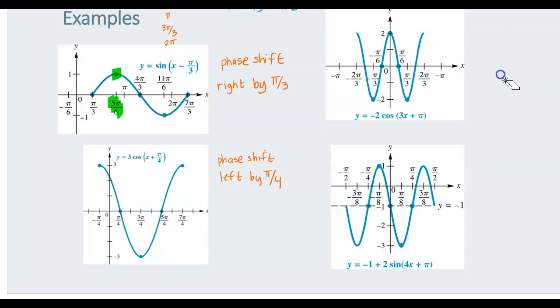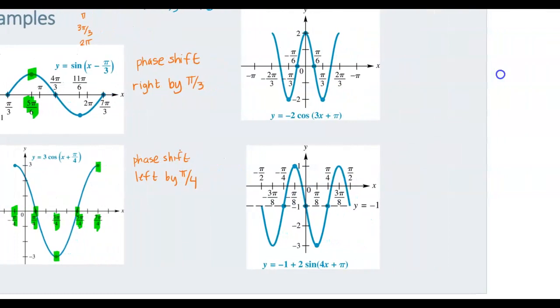I would be taking the 5 key points and subtracting pi/4 to get back to negative pi/4. Then the next one here's at pi/4, 3 pi/4, right? We've taken all of those 5 key points and shifted them to the left. I'm not talking about the values on the x-axis. And then for the y values, we stretch up to +3 and -3. The midline stays the same. The midline stays at exactly the same location.